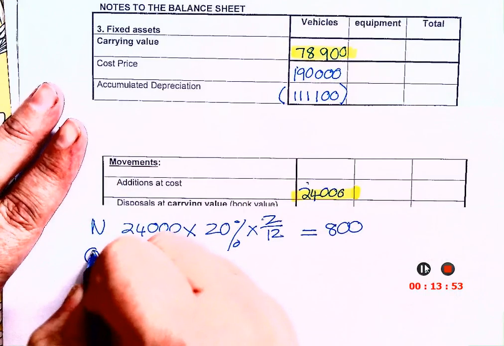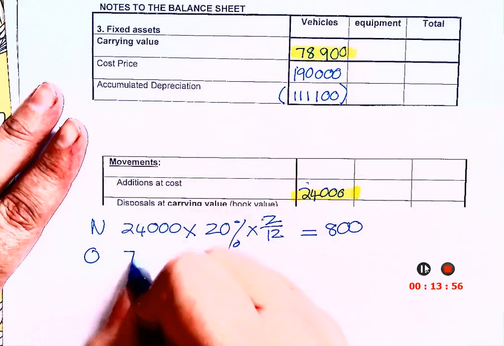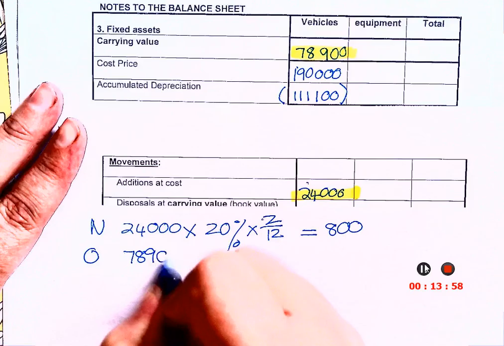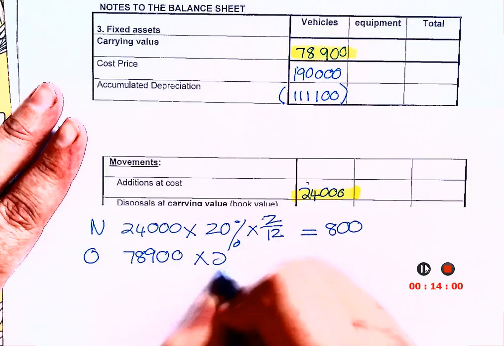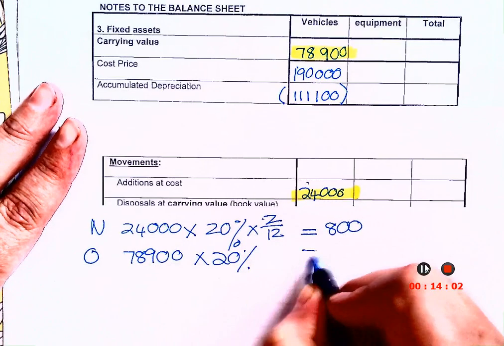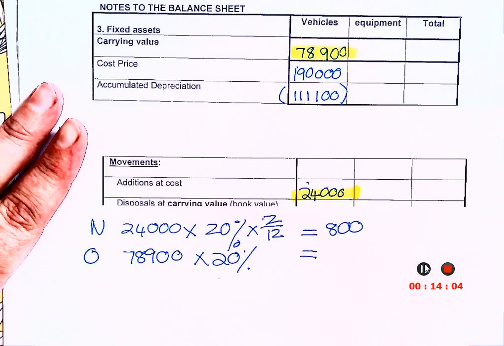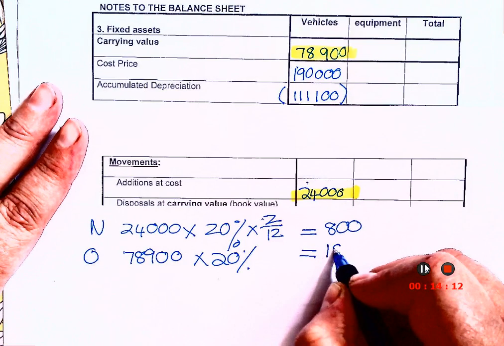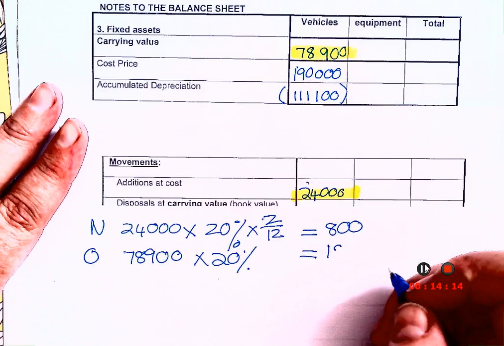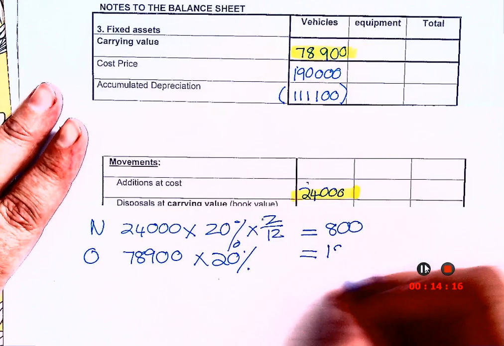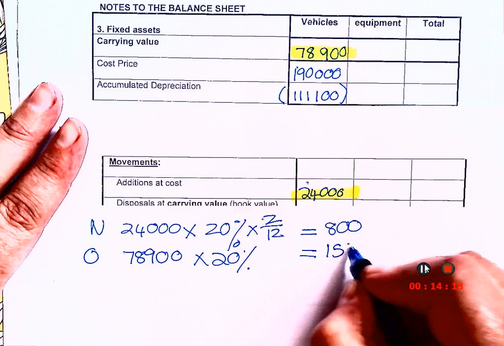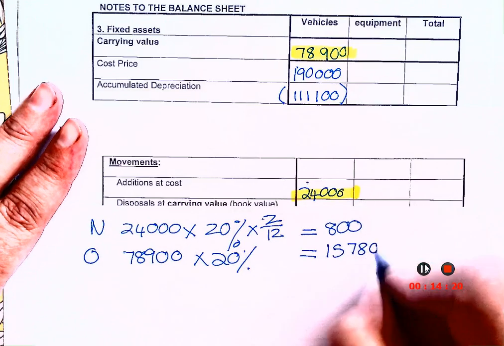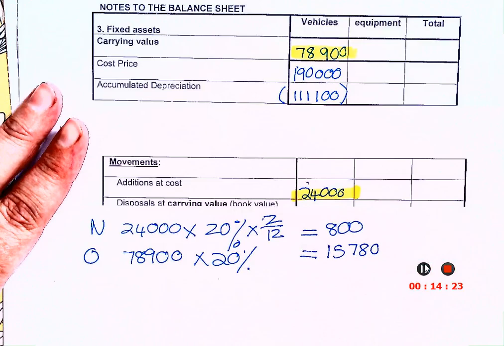The old one, I'm going to take the 78,900 because it's the diminishing balance method. And that gives me 157,880.